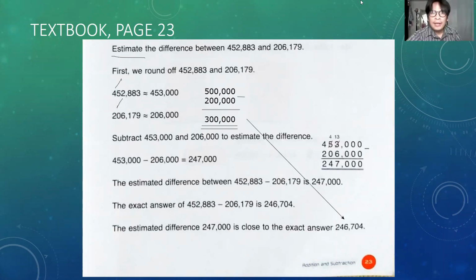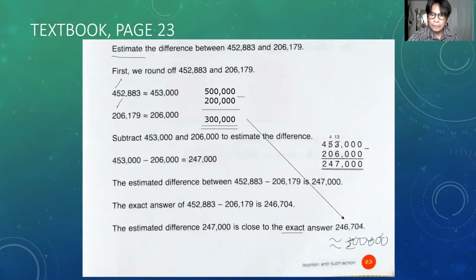Because when you round off the exact answer, this is going to be approximately 200,000 or 250,000. Still super close.